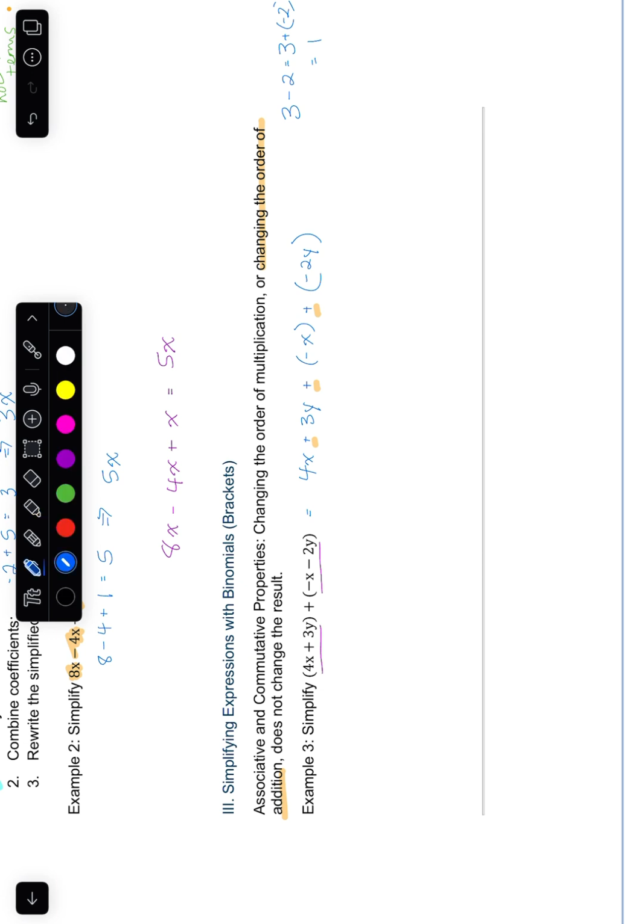So let's first identify our like terms. 4x and negative x are like terms because their variables are x, and the power on those variables is 1. And then we also have 3y and negative 2y. Those are like terms because they both have y variables, and the exponent on both of them is 1.